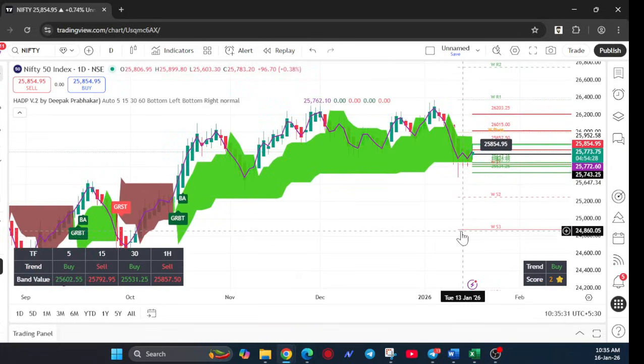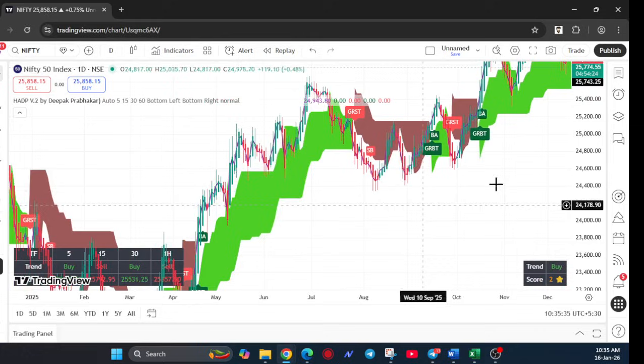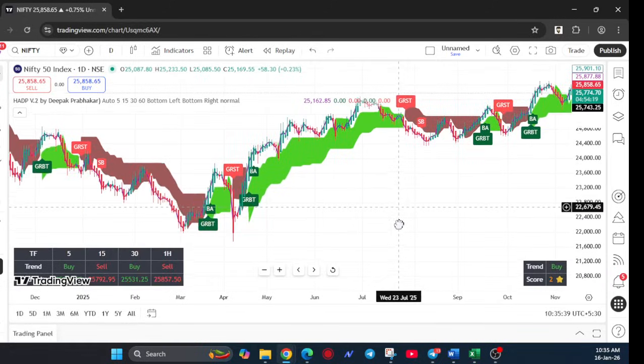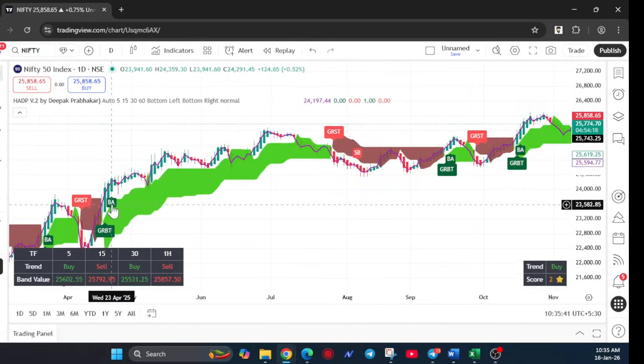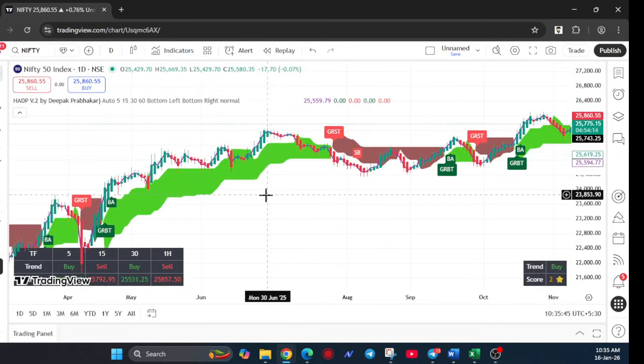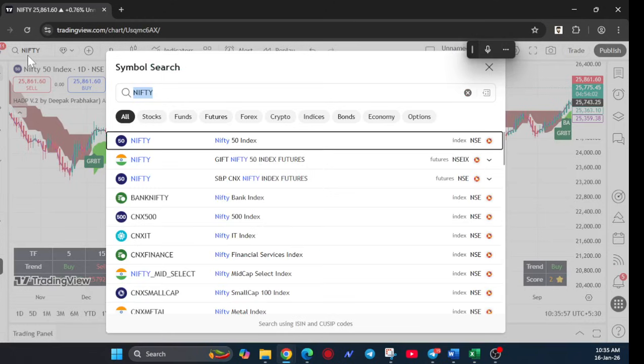There is no sell trigger on the daily chart. And sometimes it will give you money like hell. See here. 24,359 to 25,669. Almost 2,000 points. So if you use this system for your swing trading, it is very useful.